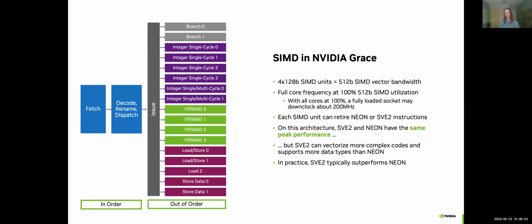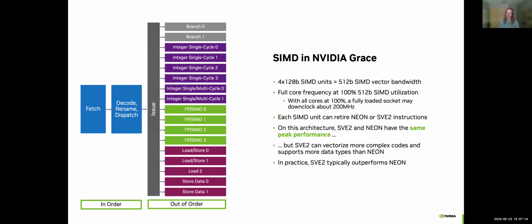You will still generate 128-bit SIMD instructions in both cases, but it's a difference between 128 bits of SIMD versus a scalar. So this is the advantage of having SVE compared to just scalar and Neon, like you might have seen in, say, a ThunderX2.